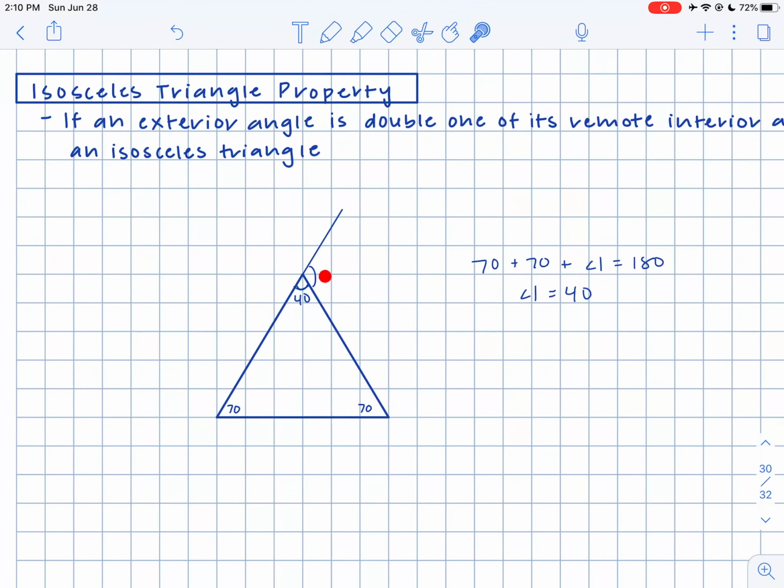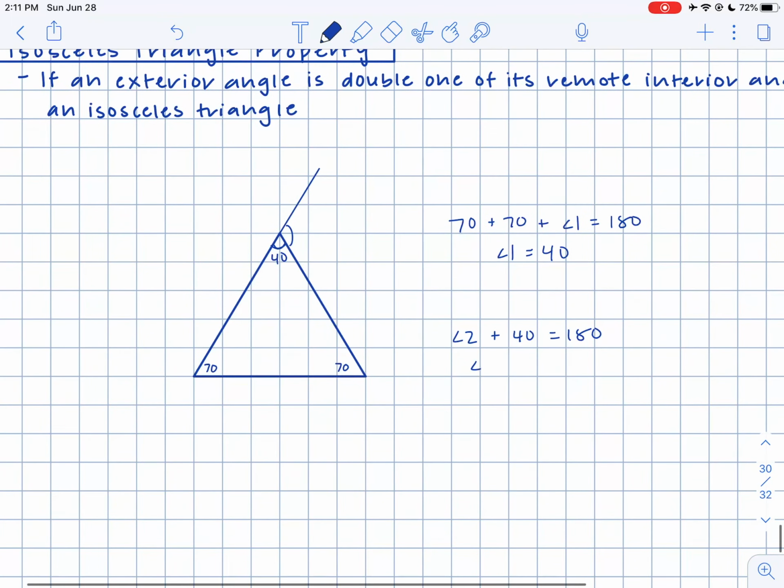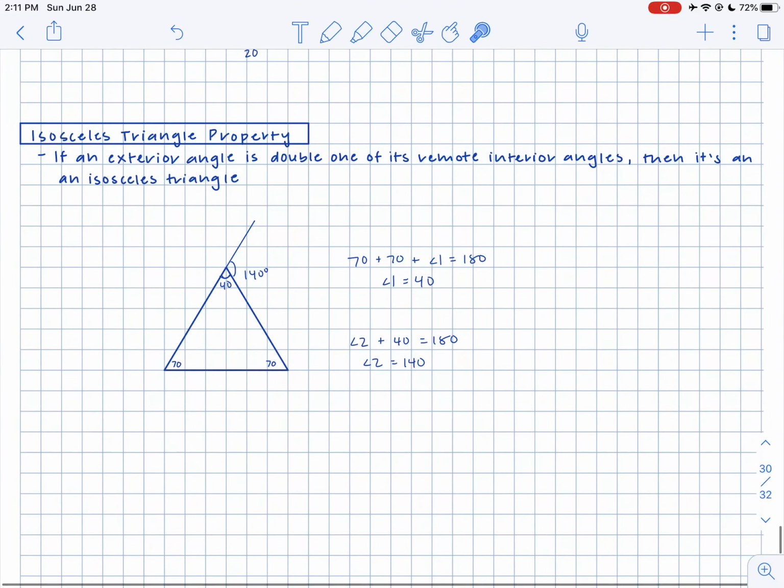Then we can solve for the exterior angle, right? We know that this forms a linear pair with this, which means it's supplementary and adjacent. So this exterior angle, let's call it angle 2, plus 40 should give us 180 because they are a linear pair. So we just solve for angle 2 and we get 140. So we know this exterior angle is 140 degrees. Now you can see how it applies to the property. So if an exterior angle, which is this, 140, is double one of its remote interior angles.